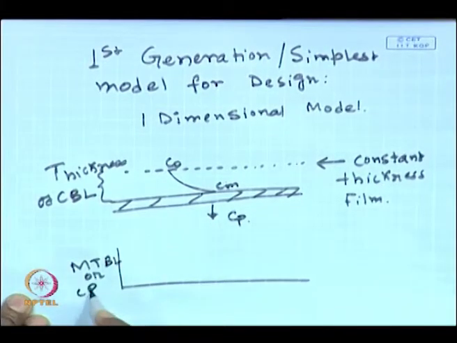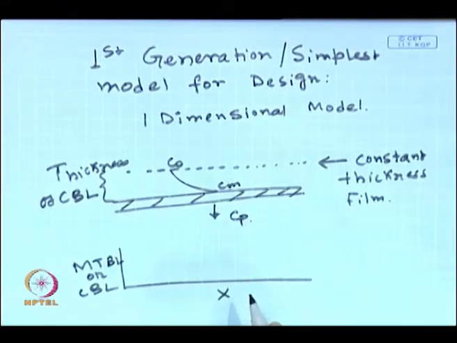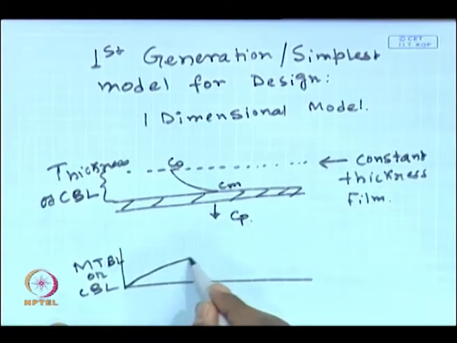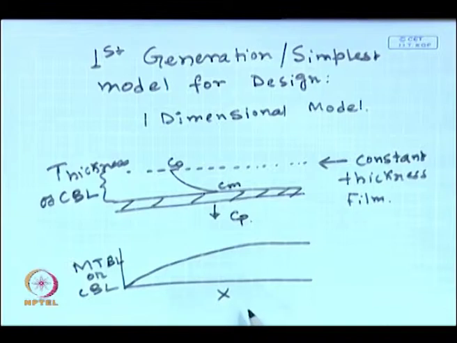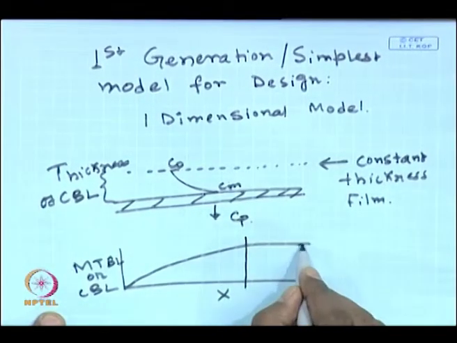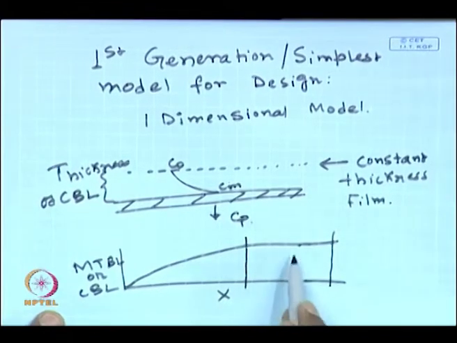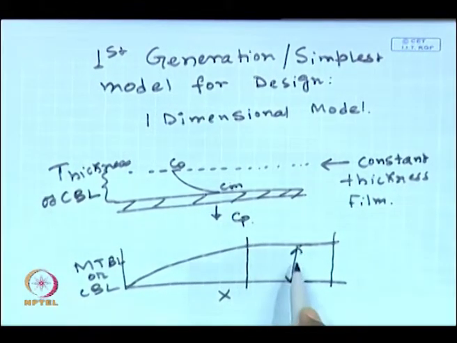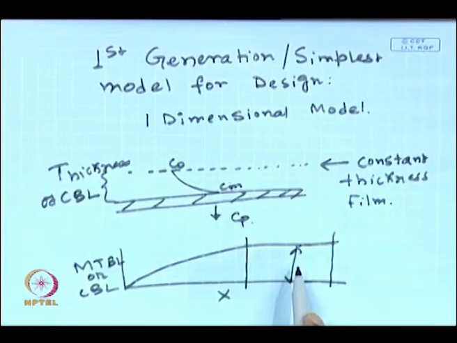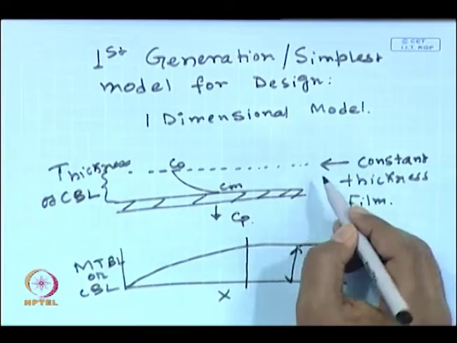if you plot it as a function of x, the channel length, it will be something like this. Okay. And we are talking about the latter half portion where the thickness is constant. In this assumption, this is known as the film.